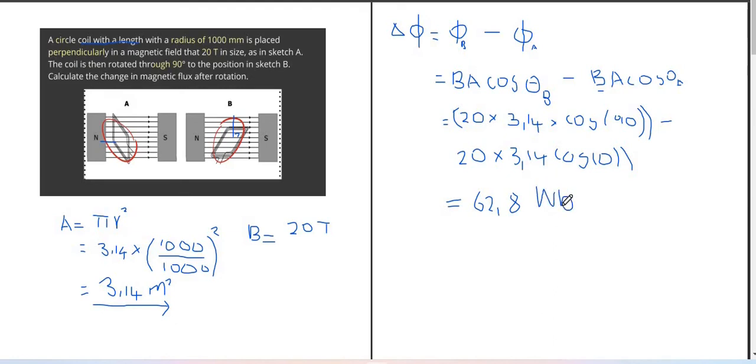Before we conclude this video, it's important for you to understand this. In this situation, when the magnetic field and the wire loop are parallel to each other, there is no magnetic flux.